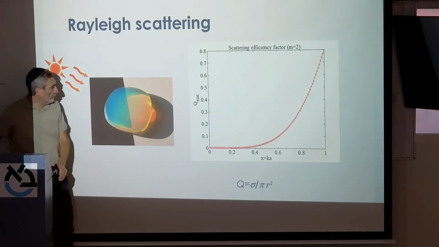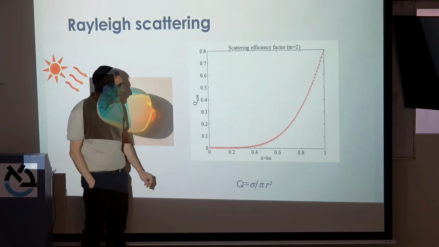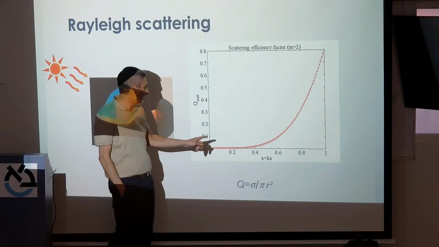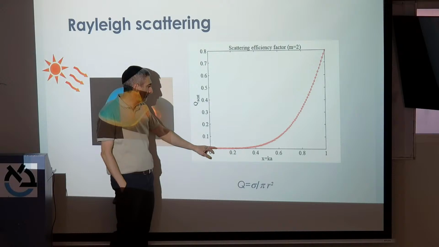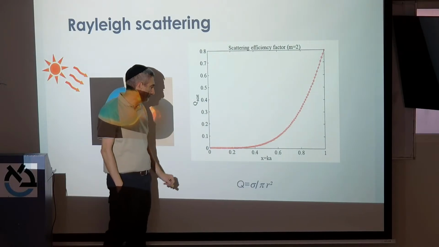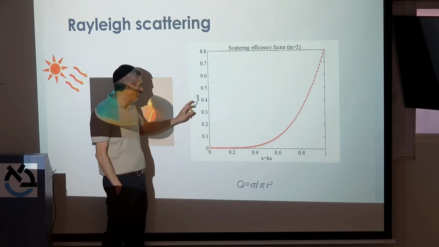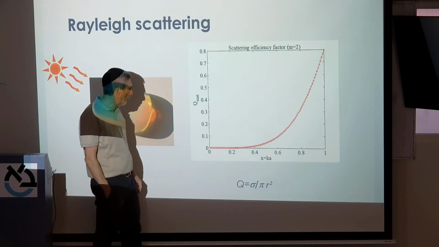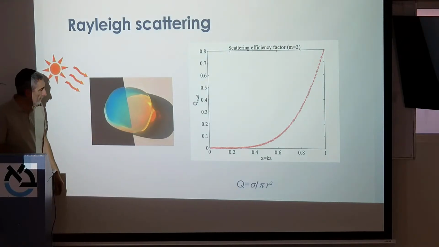So it tells you that at small frequency, so large wavelength, so x equals Ka, so for small omega. Small frequency means large wavelength. So for large wavelength, the sigma is small, and then it increases with frequency.